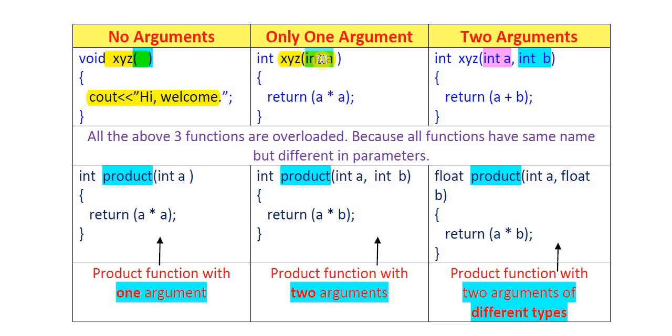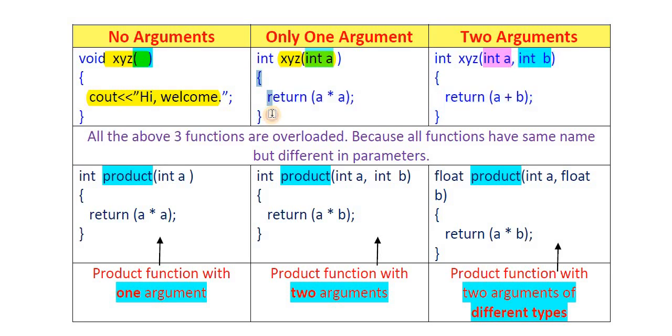So 0 parameters here, 1 parameter here. These two functions are overloaded because both have the same name xyz but different parameters.